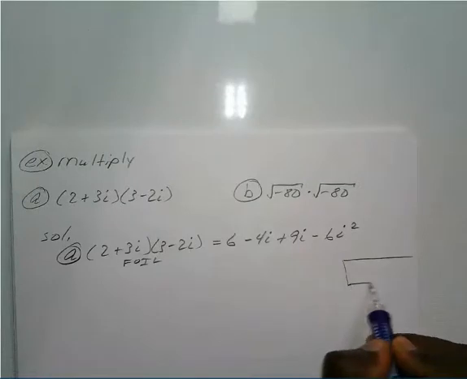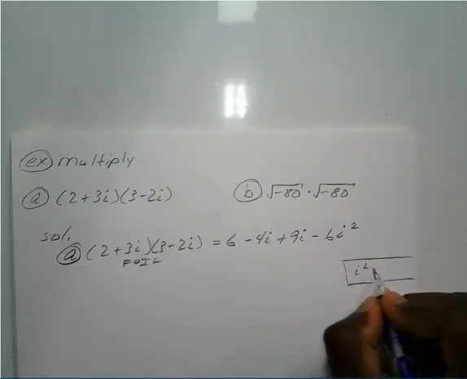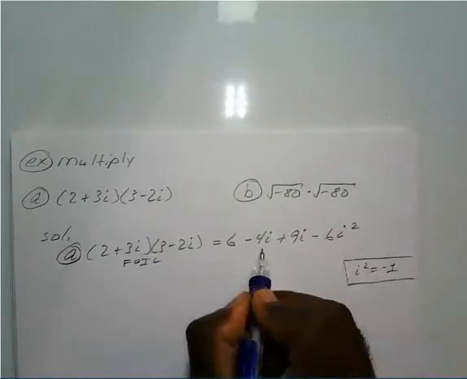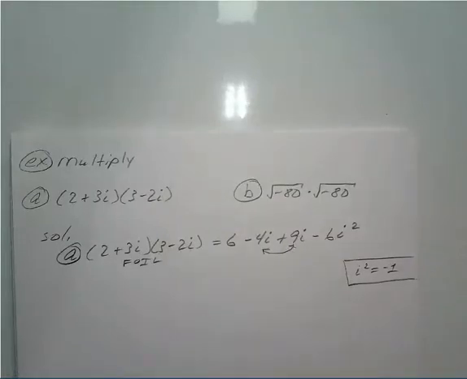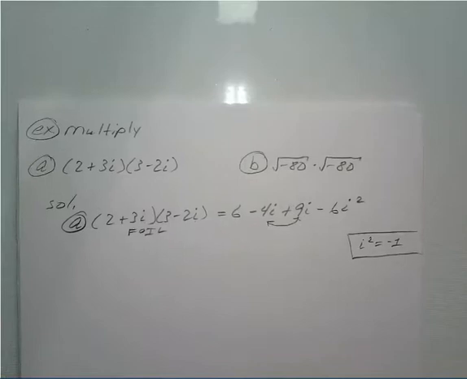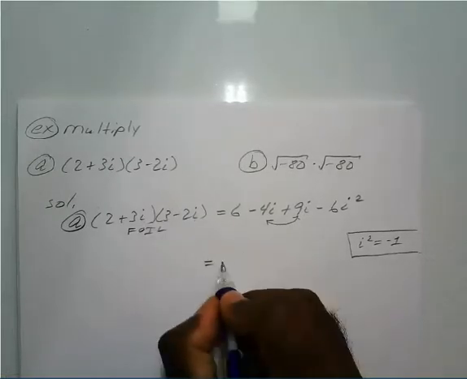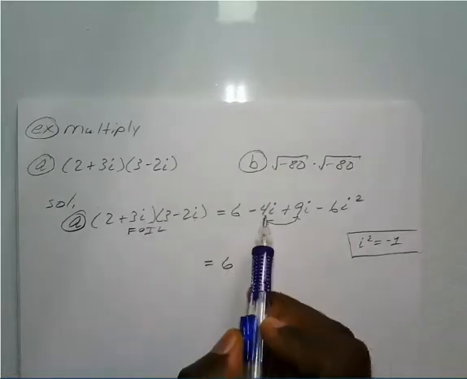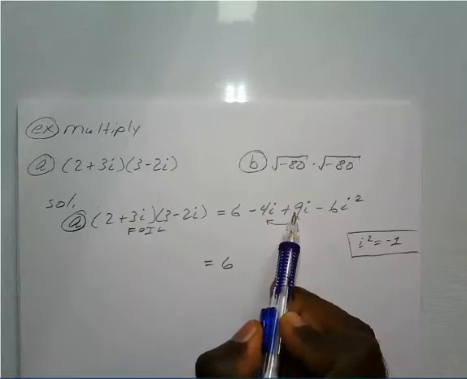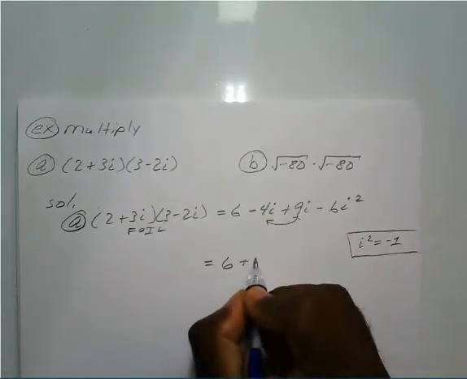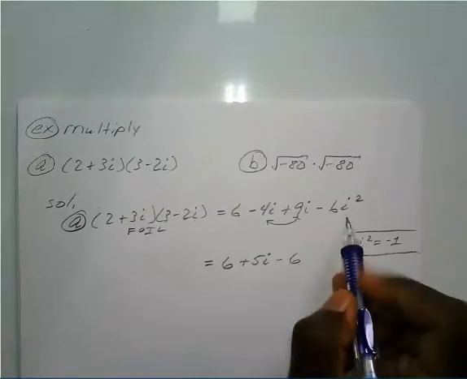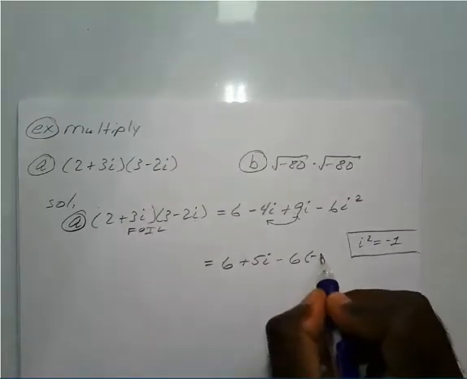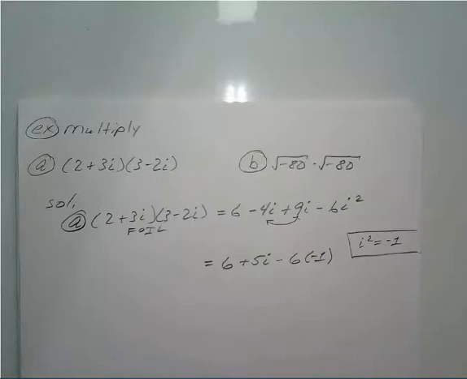Okay, so there's two things we can do to this one. Remember that i squared equals -1, and we can combine those two terms. So that equals 6, -4i plus 9i, positive 5i, minus 6 and i squared makes that times negative 1.